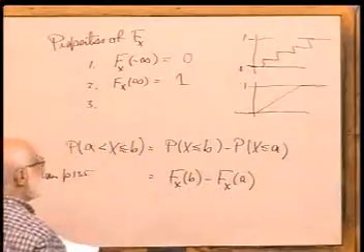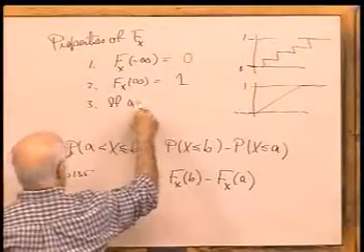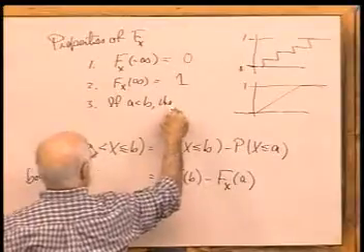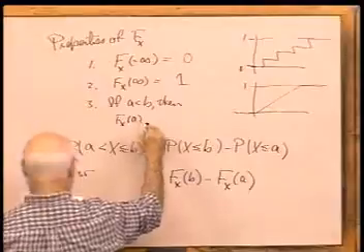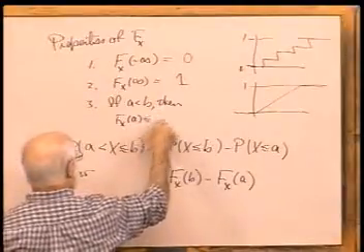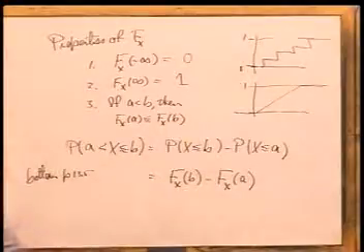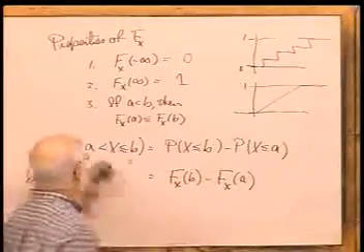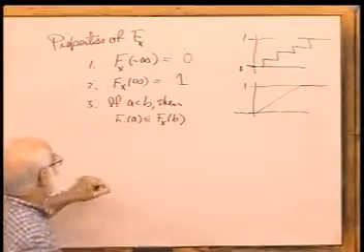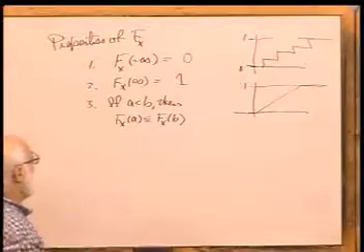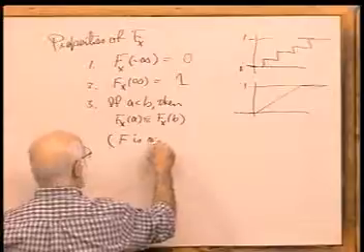Okay, now comes the key statement, which is that if A is less than B, then the distribution function of X evaluated at A must be less than or equal to the distribution function of X evaluated at B. Okay, let me erase this here. So what this says is that, in other words, F is non-decreasing.